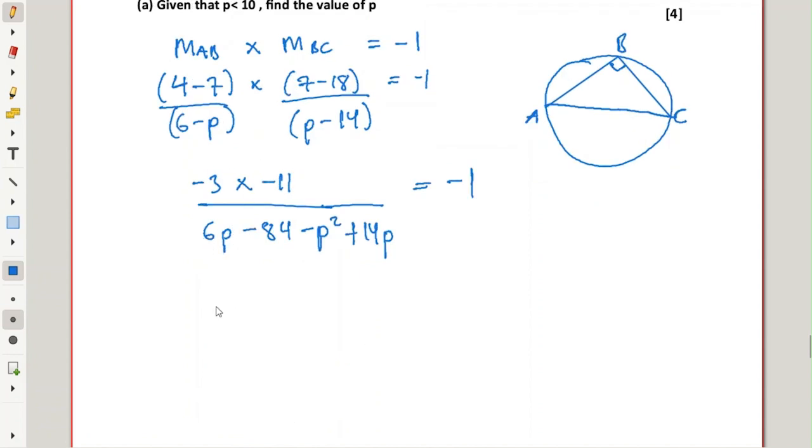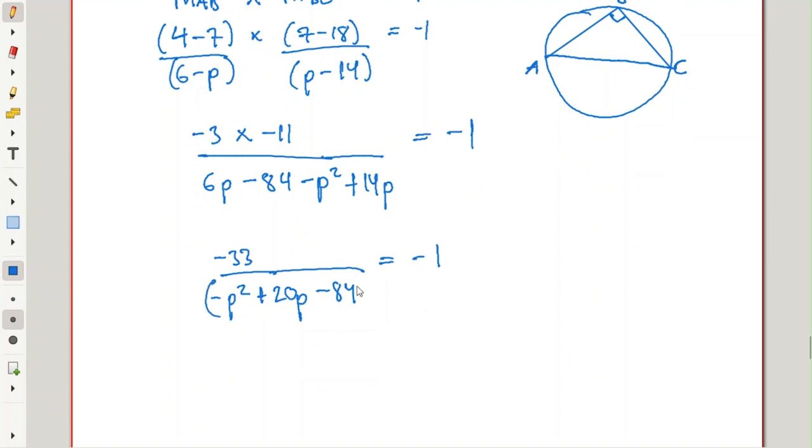So now this is the same as 33 over, this can be written as -P squared, 6 plus 14, 20P minus 84 is equal to -1. So it's an expression, so I put this one in the bracket. You can cross multiply this. So this is the same as -1 times this whole expression.